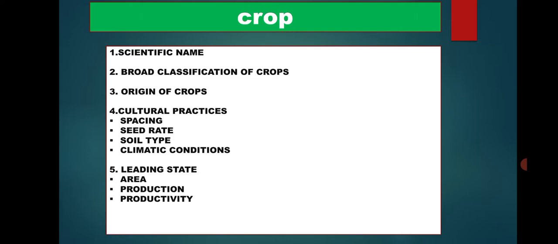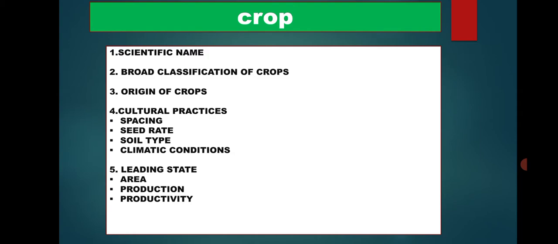Here we should understand how the crop is classified under various parts. For example, classification based on water requirement, that is rainfall based or irrigated. Sometimes it is based on origin of crops, or on root system, taproot or fibrous root. You need to read these things.